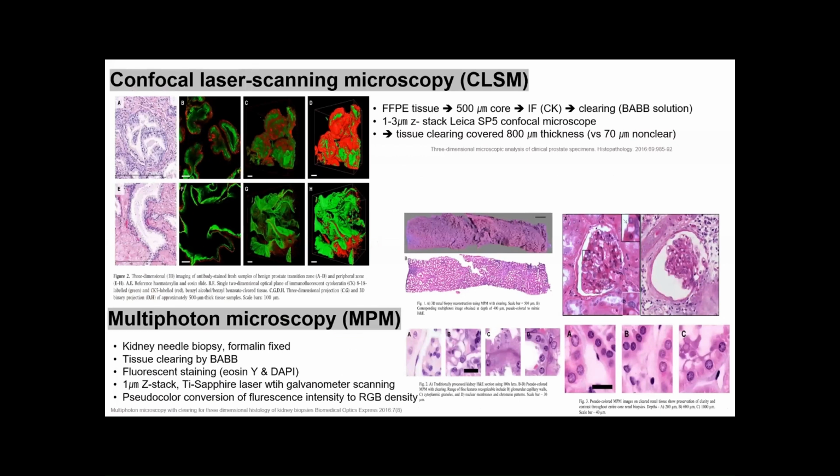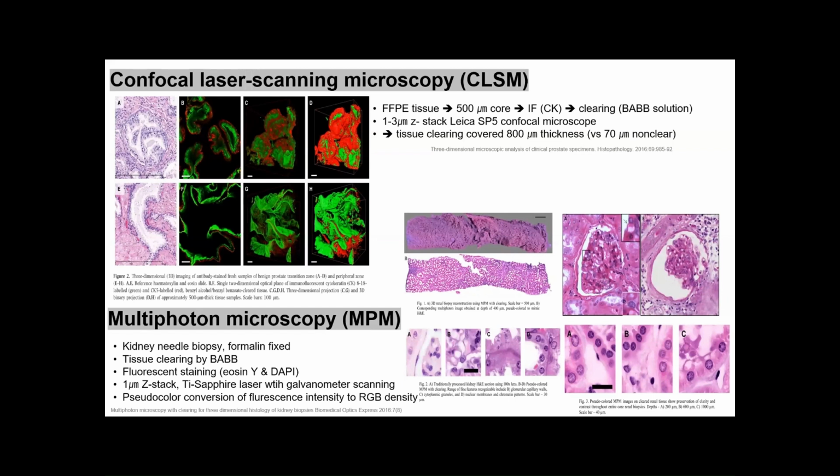Confocal laser scanning microscopy and multiphoton microscopy can image tissue without sectioning. A 1 millimeter thick tissue was stained by fluorescent dye with or without antibody and was cleared to let light penetrate.